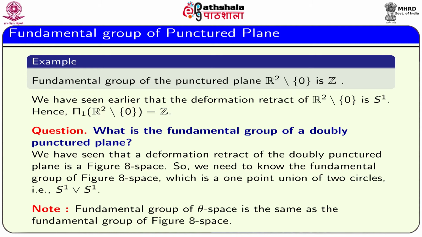Now, we note that once we get to know the fundamental group of figure 8 space, we may conclude that the fundamental group of theta space is equal to that of a figure 8 space. Why so? Because theta space is another retract, rather deformation retract, of the doubly punctured plane.